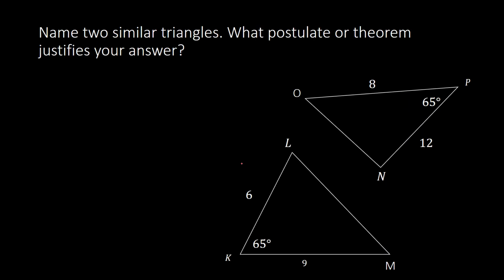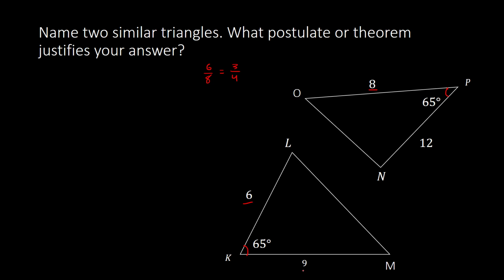So here's an example. We have two triangles, and notice we have one angle that is congruent with another angle. And then we have the sides on both sides of the angle, and we have two sides over here on both sides of this angle. Now looking at this, we need to determine, are the corresponding sides proportional? So here, if we pair up the 6 with the 8, if those are corresponding, we would have 6 over 8, which could reduce to give me 3 over 4.